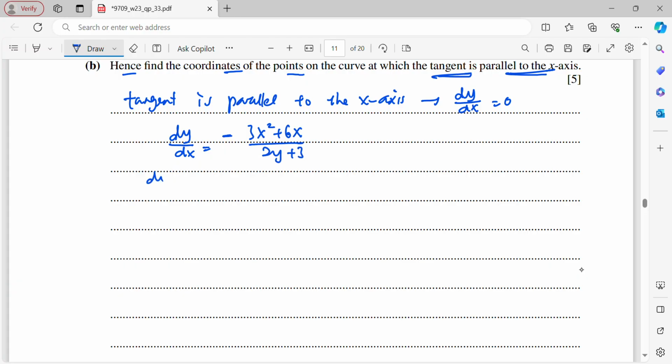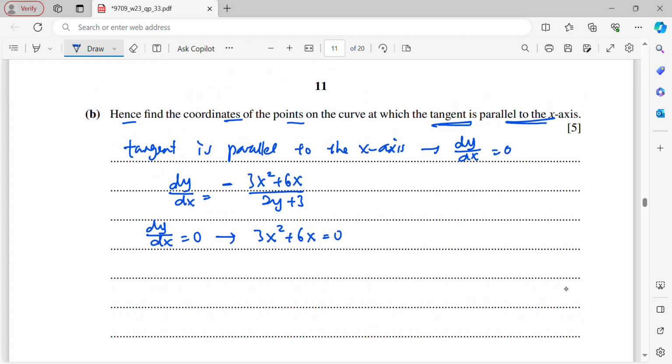When dy/dx equals 0, that means the numerator is 0. So 3x squared plus 6x equals 0. To find the coordinates of the points, you see, points means more than one point, therefore here I should get more than one x. So I will factorize the 3x, and you will get (x plus 2).